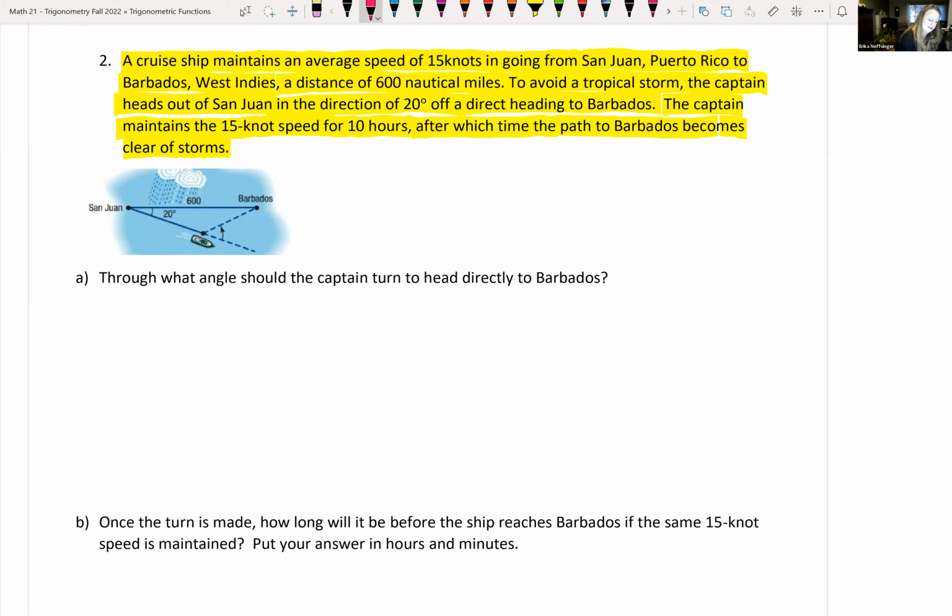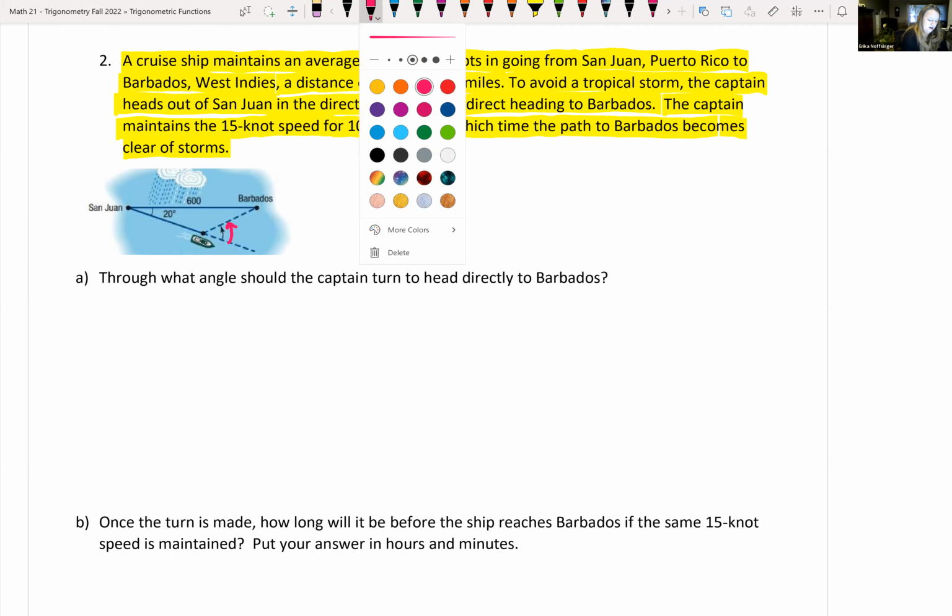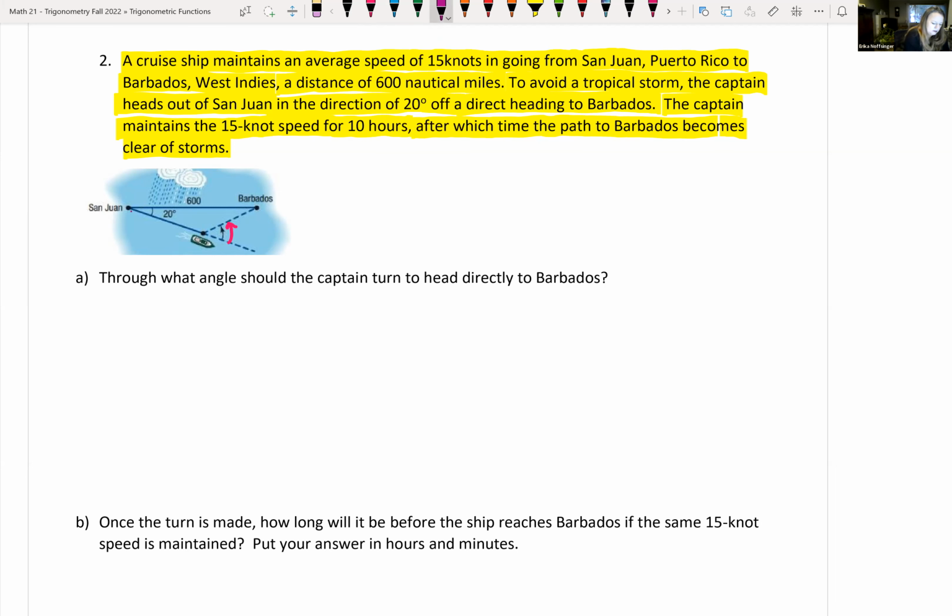So we're looking at finding this angle in here. Okay, so we need to figure out some stuff. We don't have enough information right now to do anything. We only have one side of our triangle and one angle, but we know that the boat was traveling at an average speed of 15 knots for 10 hours.